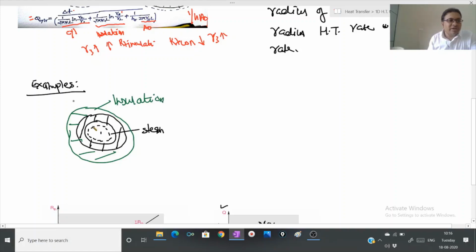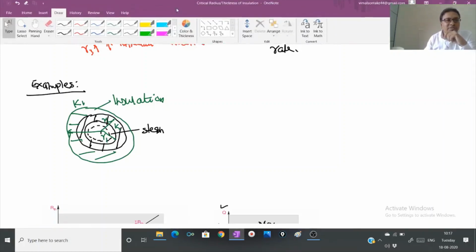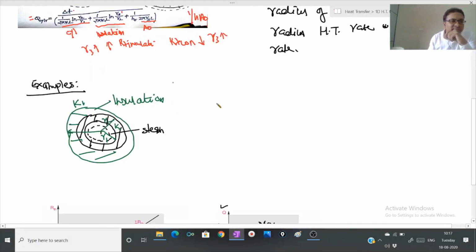Let's say its thermal conductivity is K1 and the thermal conductivity of the steam pipe is K. Its inner radius is R1, outer radius of the steam pipe is R2, and the outer radius of this insulating material is, for example, R3.